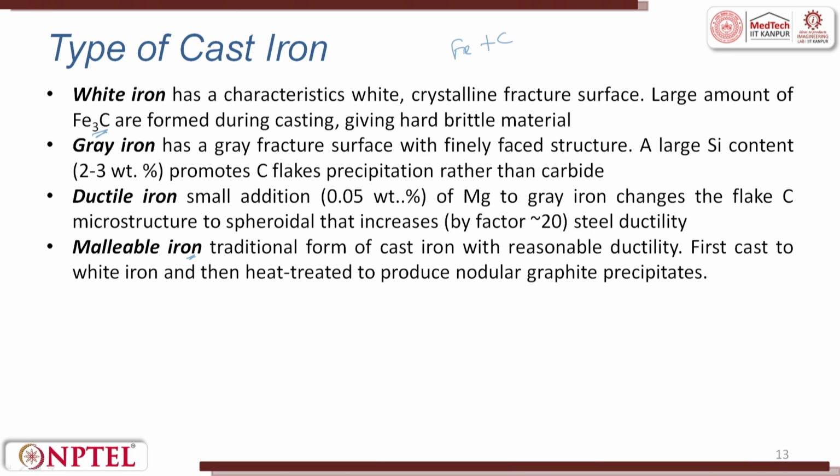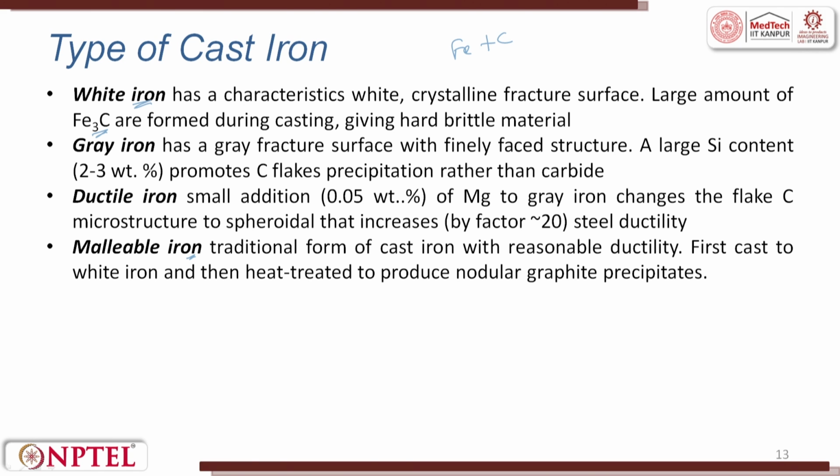Fe3C is a carbide formed during casting, giving a hard, brittle material. Suppose you are looking for some applications in which it has to take a lot of impact load, toughness should be very high, hardness should be high or low.